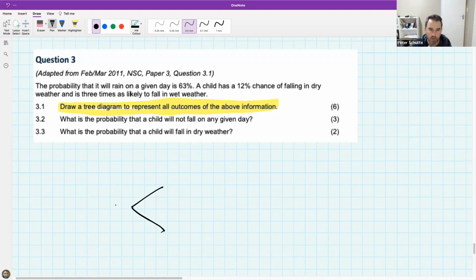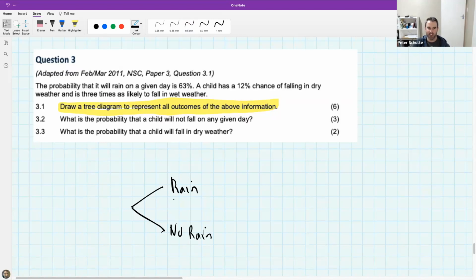What do we think are the first 2 possible outcomes? Yep. It's either raining or it's not raining.